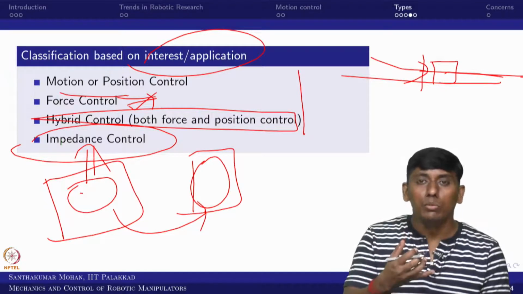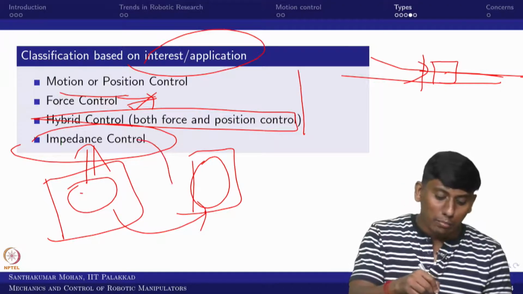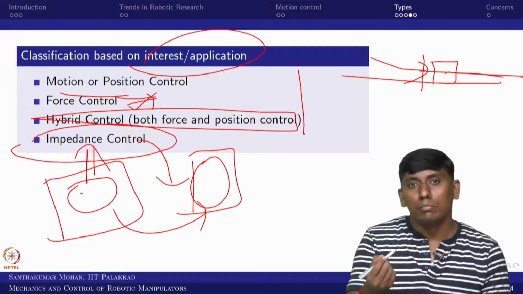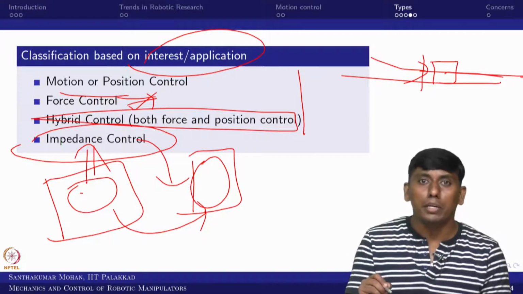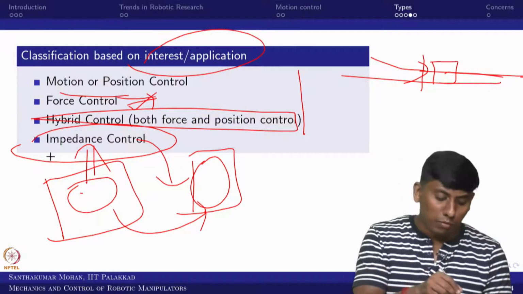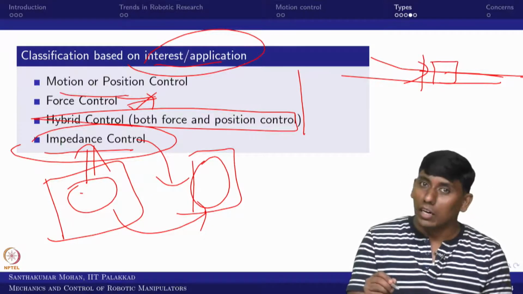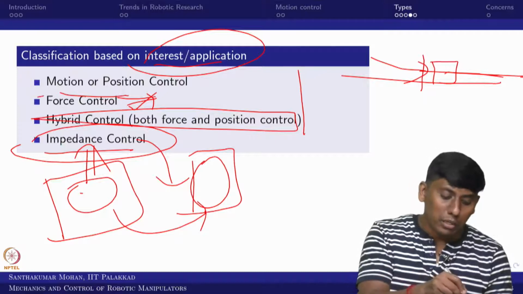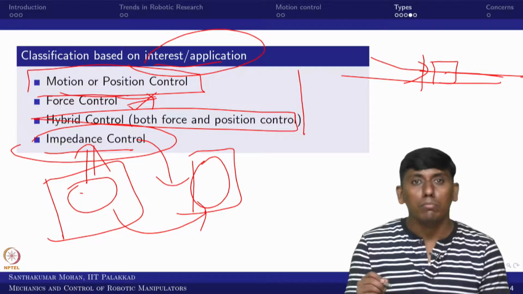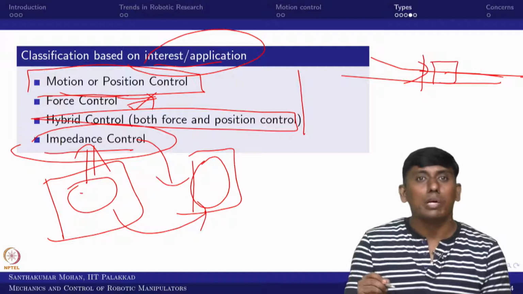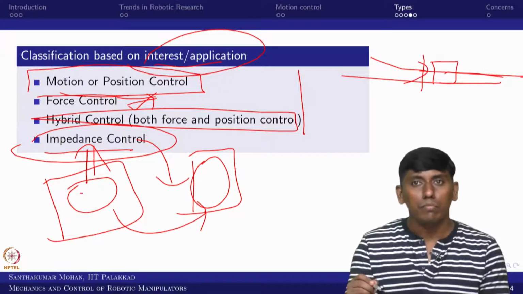Then we provide the impedance control. This is most commonly used for teleoperated or haptic devices, so that is what we have put separately. Based on the interest or the application the control can be classified, but this particular course is focused more on position tracking, or simply motion control.